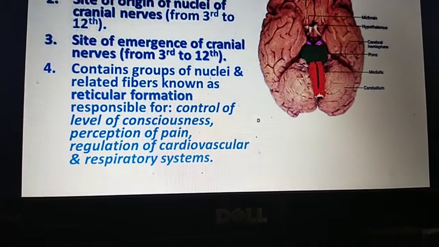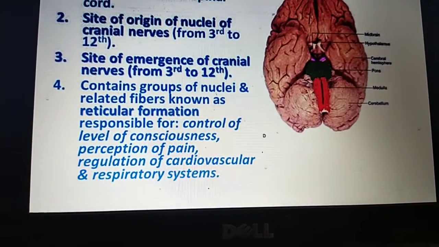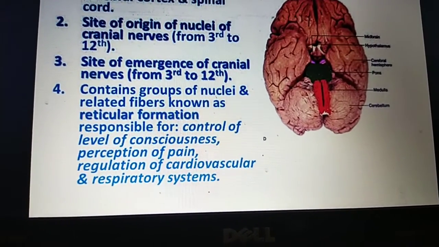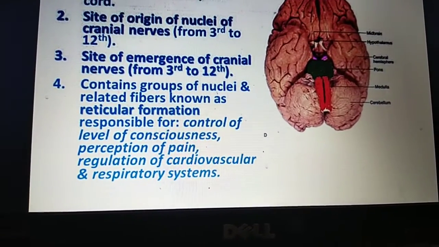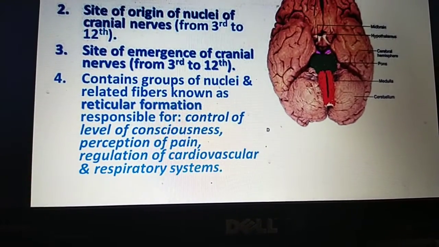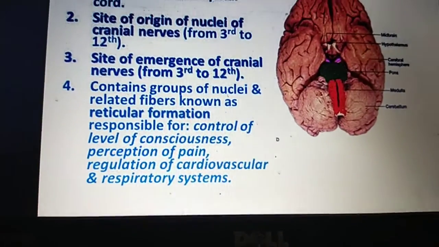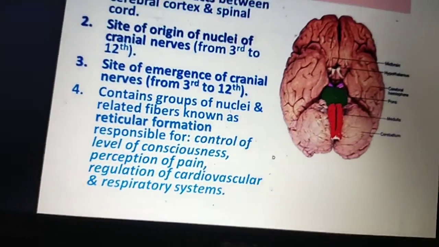It contains a group of nuclei and related fibers known as the reticular formation, responsible for control of the level of consciousness, perception of pain, and regulation of the cardiovascular and respiratory systems. It also maintains the blood pressure of the body.